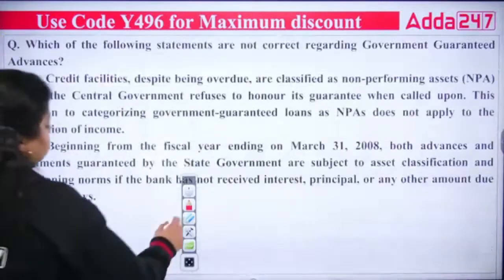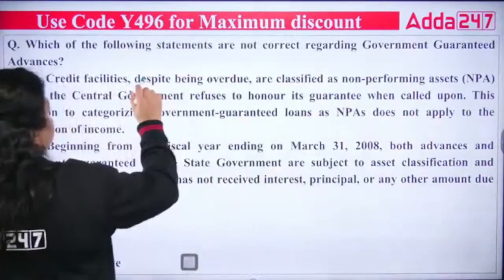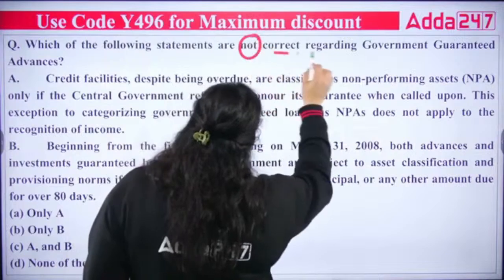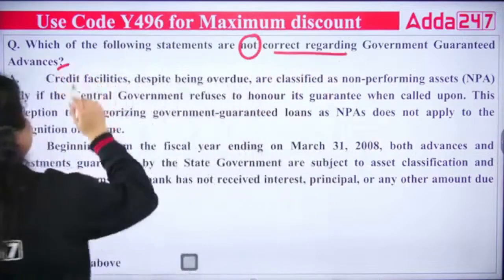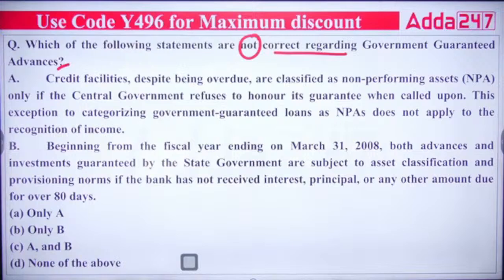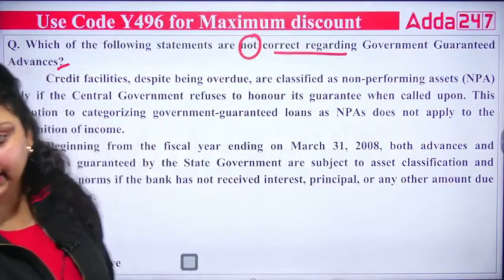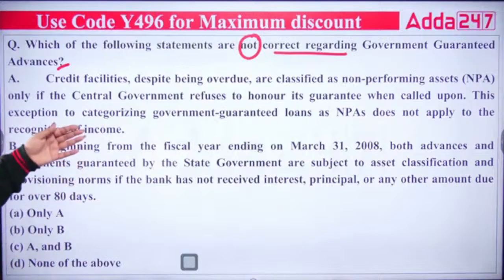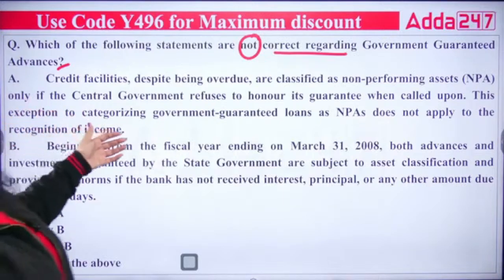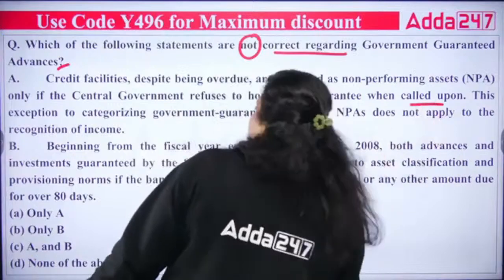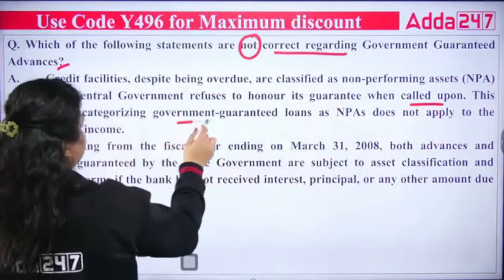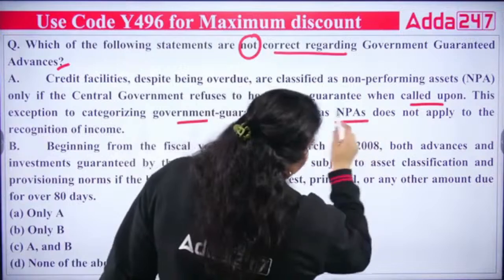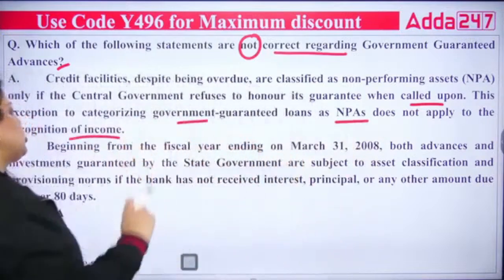Next question. Next question is talking about which of the following statements are correct regarding government guaranteed advances. First is saying credit facilities despite being overdue are classified as non-performing asset, the NPA, only if the central government refuses to honor its guarantee when called upon, and this exception to categorizing government guaranteed loan as NPA does not apply to the recognition of income.